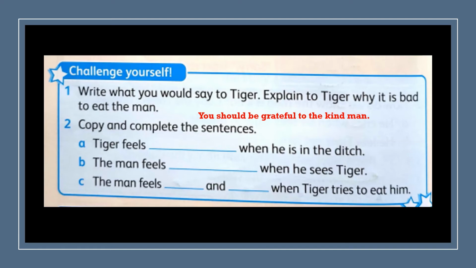Do you remember when Tiger was in the ditch? How does he feel? B. The man feels how when he sees tiger. C. The man feels how when the tiger tries to eat him. Think for a while.